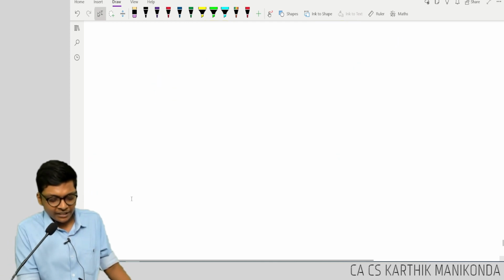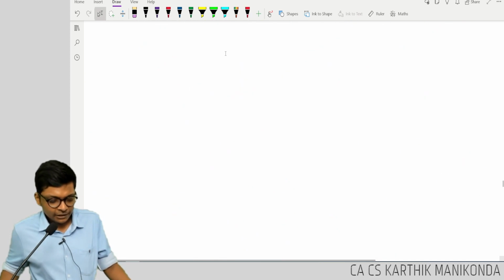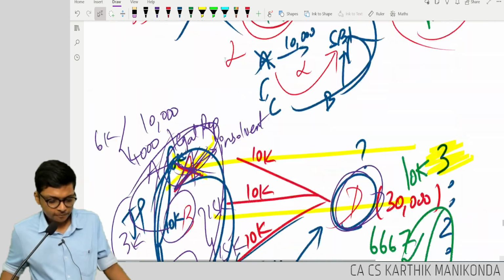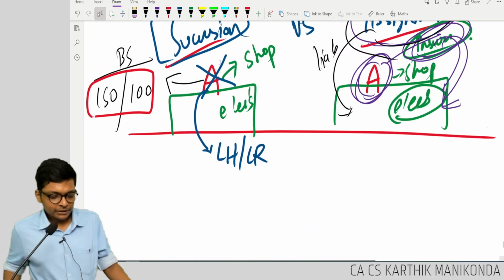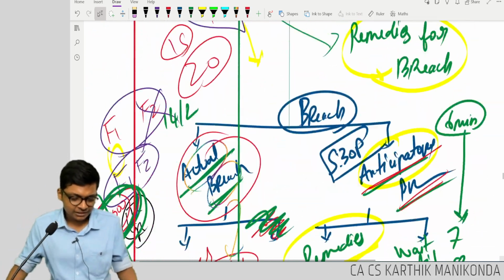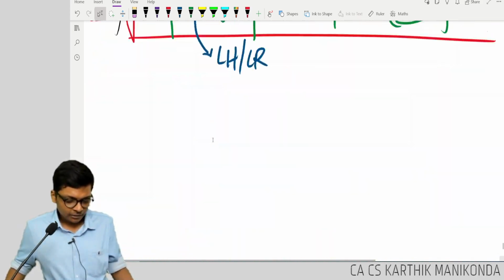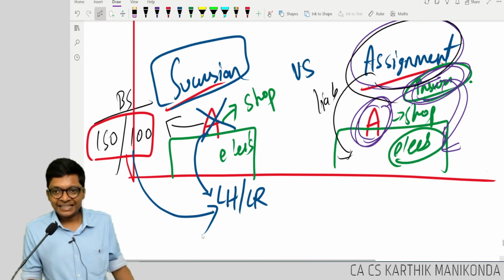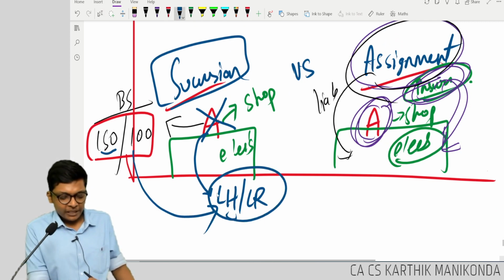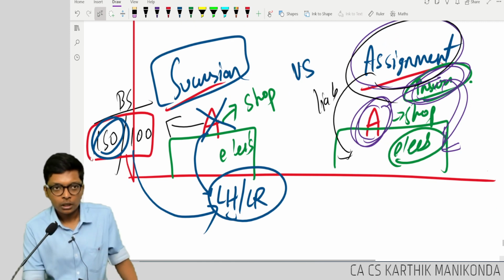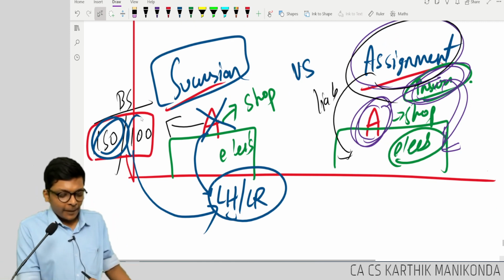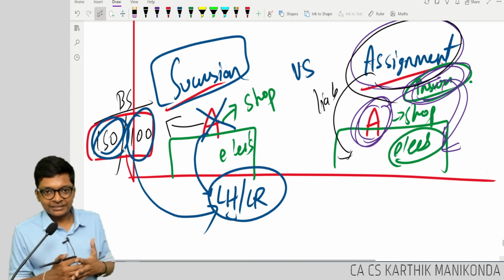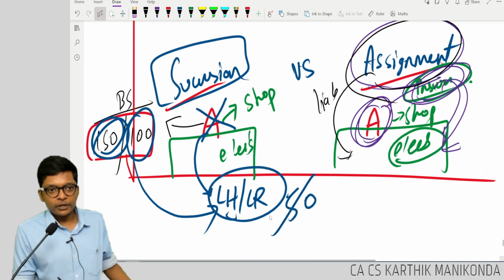Now this 150 and 100, let's say, went to his legal heir. Now the legal heir, will he pay the full loan? How much will he pay? Up to the 100 of assets. The balance 50 will not be paid.